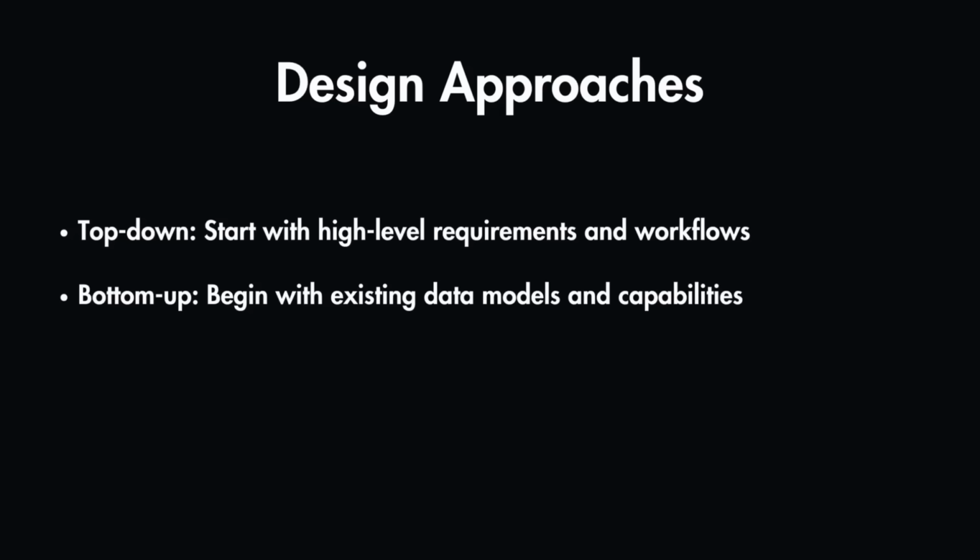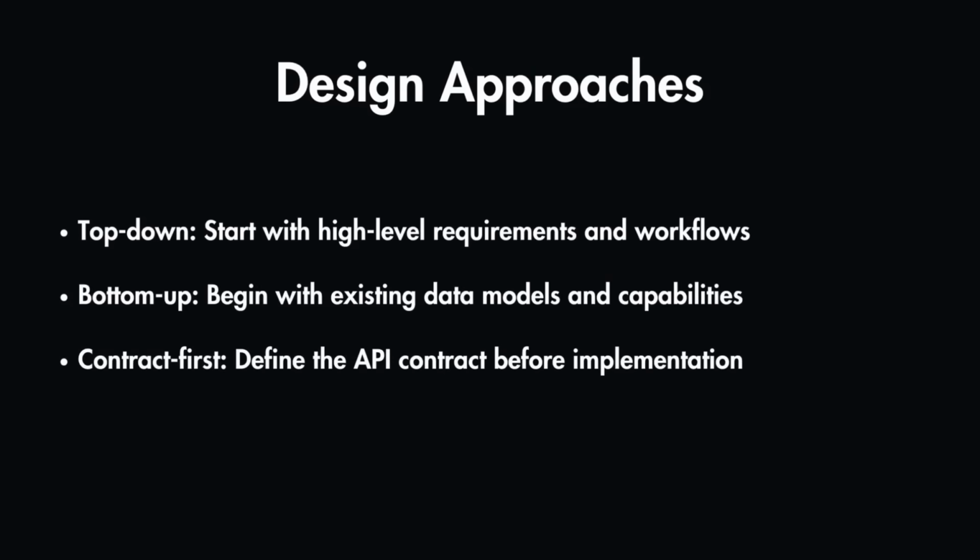So this is more common when you're working in a company and they already have their data models and capabilities of their APIs. So you should take that into account when designing the API. And we also have contract first approach, which is you define the API contract before implementation, meaning what the requests should look like and what the responses should look like. And this is more similar to top-down approach, and this is also commonly used in interviews.